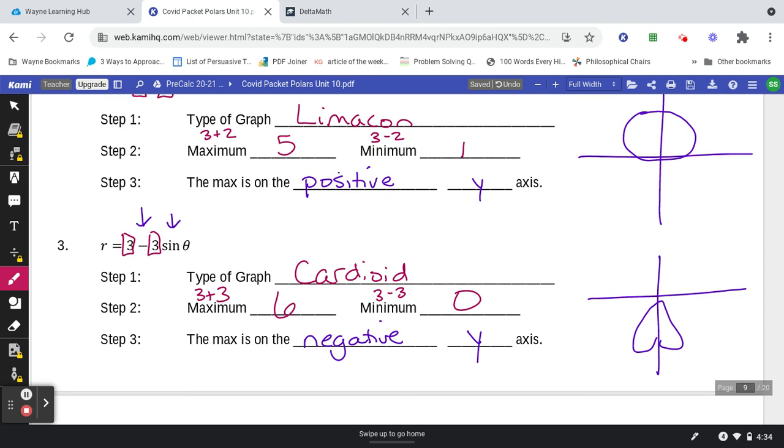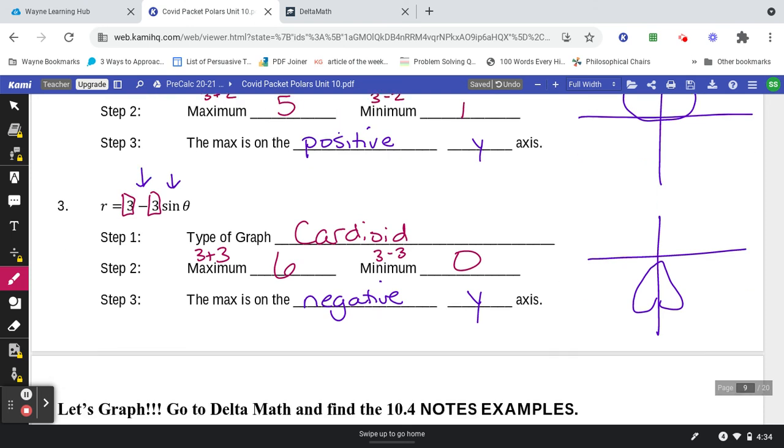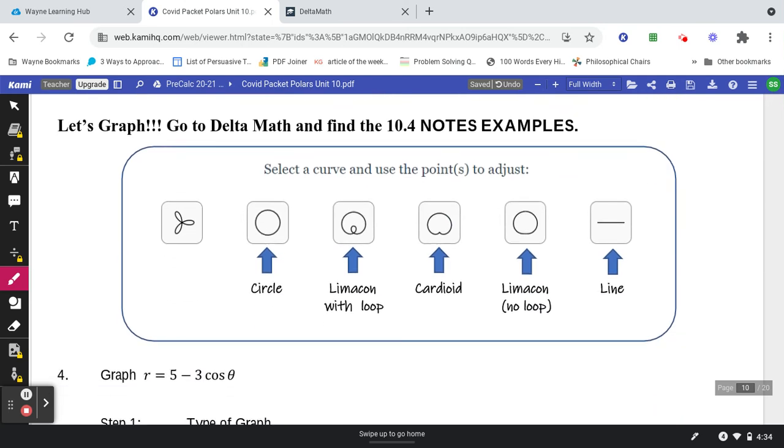So you can see it on actual Delta Math, let's go ahead and flip over to the back side. We're going to graph these on Delta Math. So take a moment here to go to your Delta Math, and you should see an assignment that says 10.4 notes examples. And click on that.